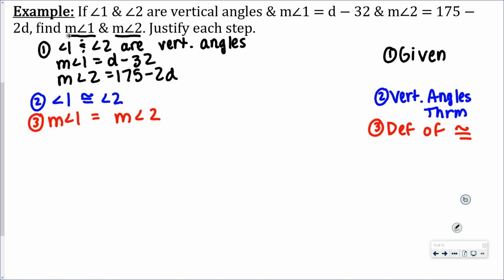Now look what was given to us. Measure of angle 1 is d minus 32. I'm going to substitute that in there. Measure of angle 2 is 175 minus 2d. Substitute that in there. That's our fourth step, and that'd be subs.